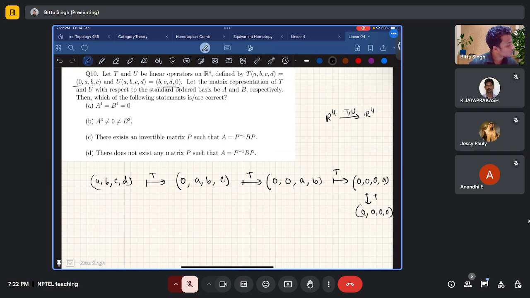So from here it is clear that T to the power 4 equals 0. And also it is clear that T cube is non-zero, because if we apply T cube on (A, B, C, D), we are getting (0, 0, 0, A), which is non-zero. For example, take A to be 1 and you will get a non-zero thing.